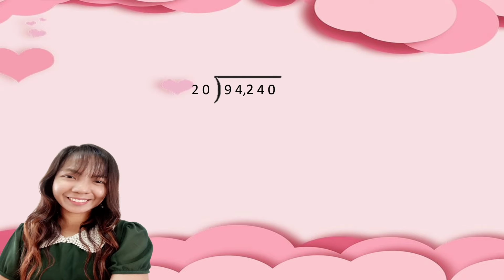So you cannot, there is no 20 in 9. Okay, so now let's pick two digits, which is 94. Again, it's 94. So now we can proceed to division. 94, so let's divide. Letter D, the first step is to divide. 94 divided by 20. How many 20s are there in 94?